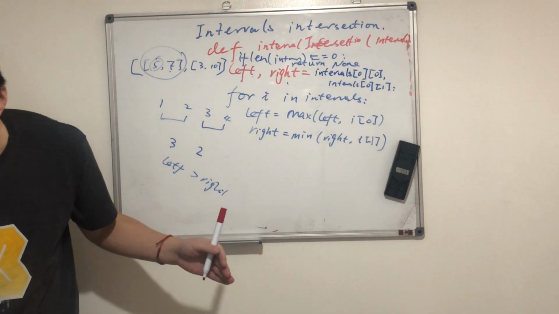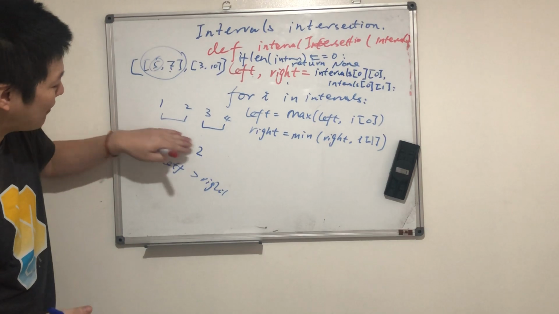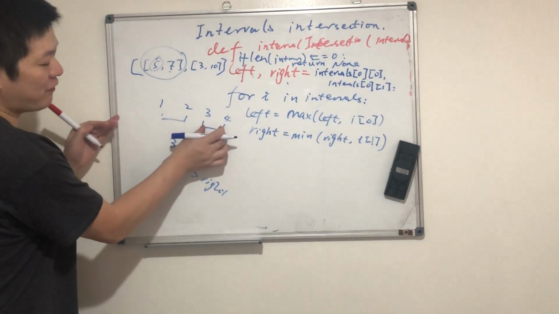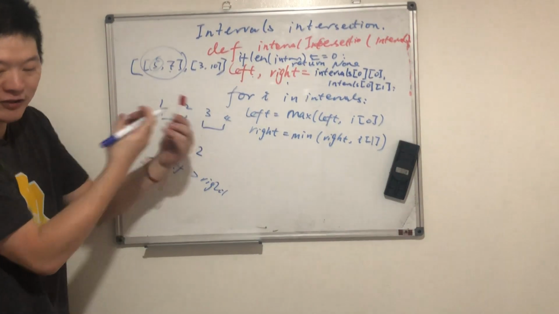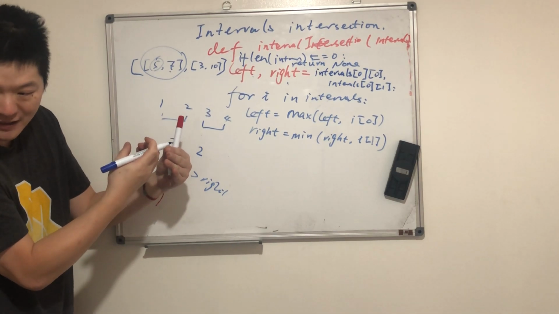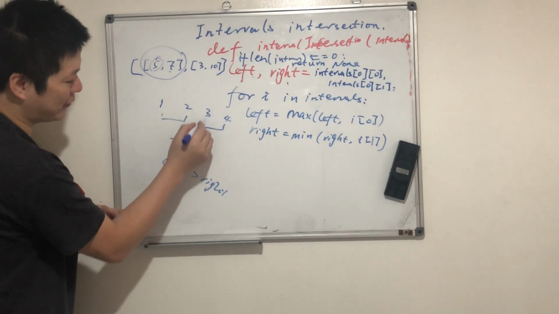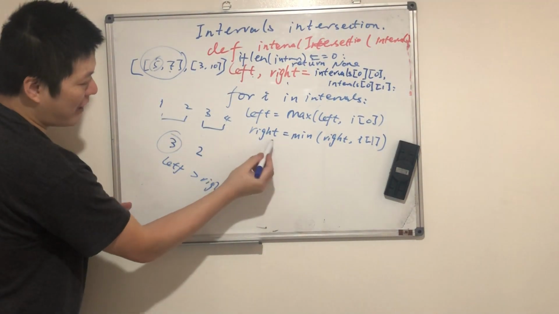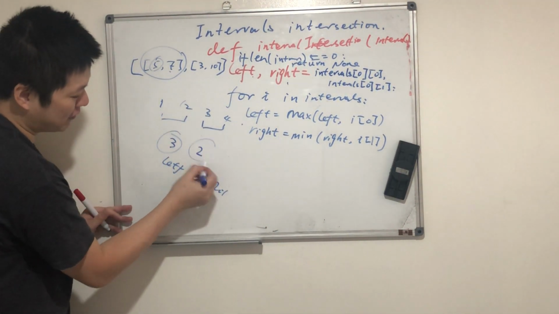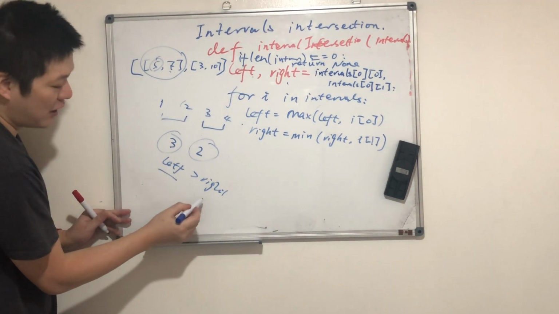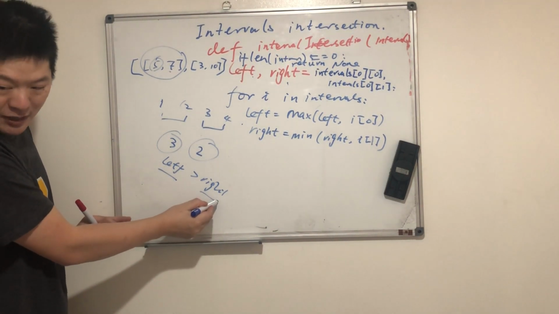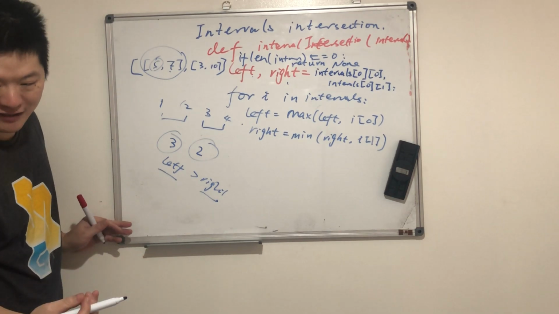It means there's no interval, because 1, 2 and 3, 4 don't intersect. The maximum of the lefts, 1 and 3, is 3, and the minimum of the rights, 2 and 4, is 2. Left is 3, right is 2. What does it mean? No intersection.